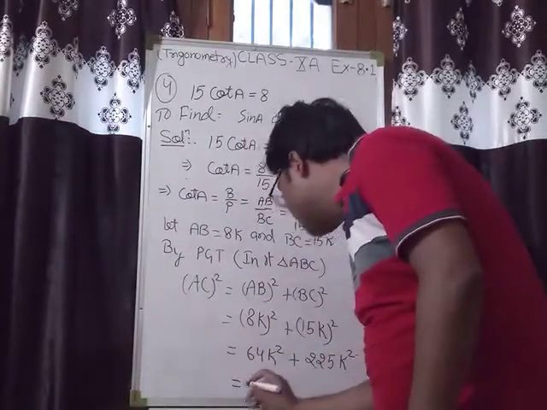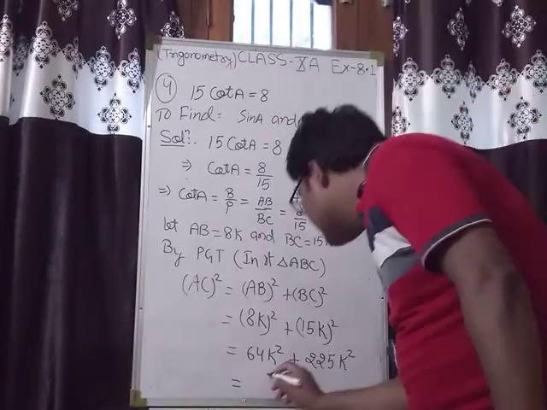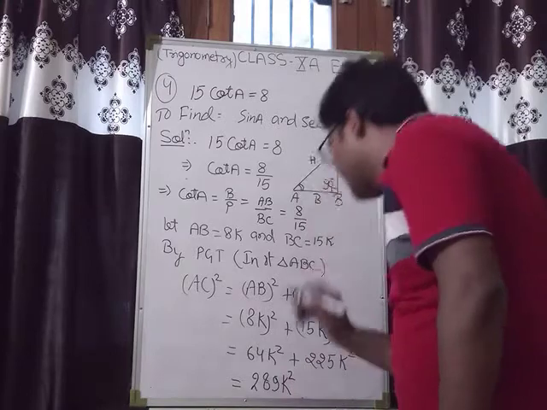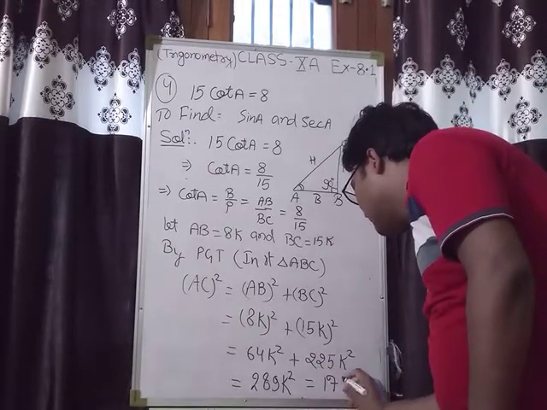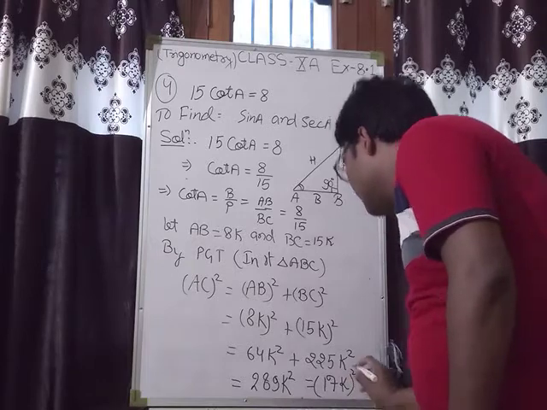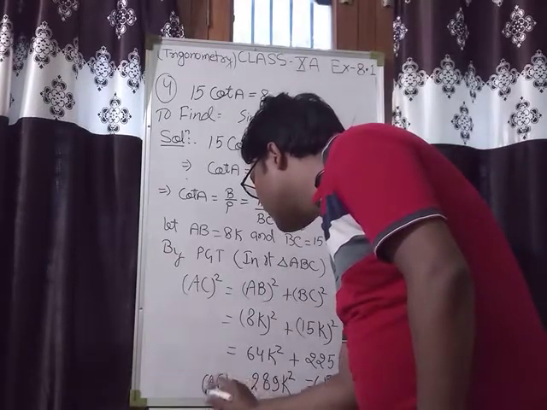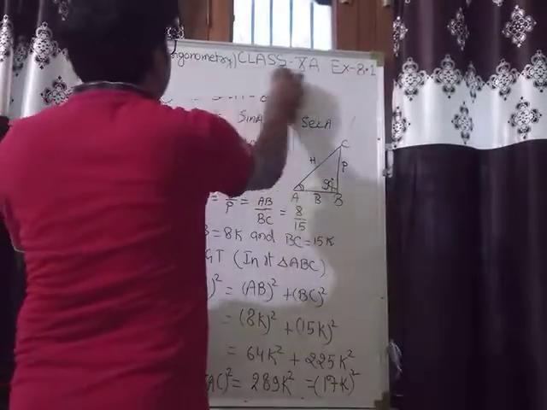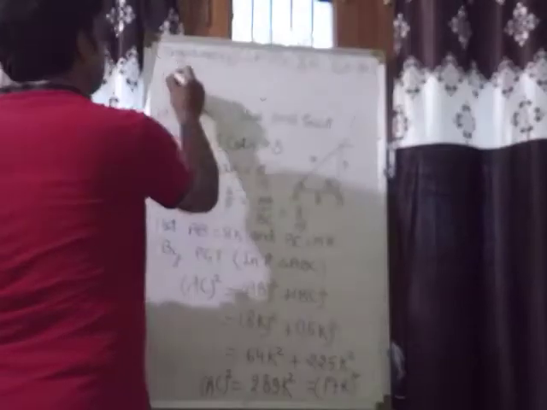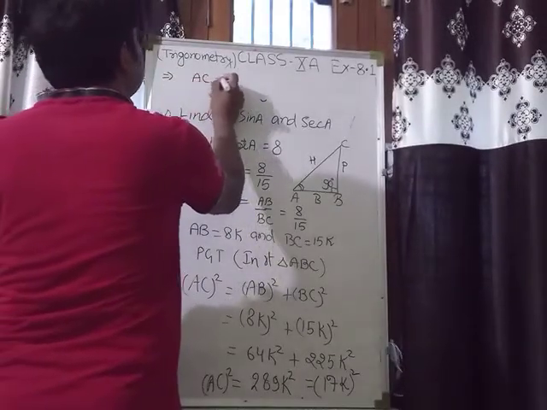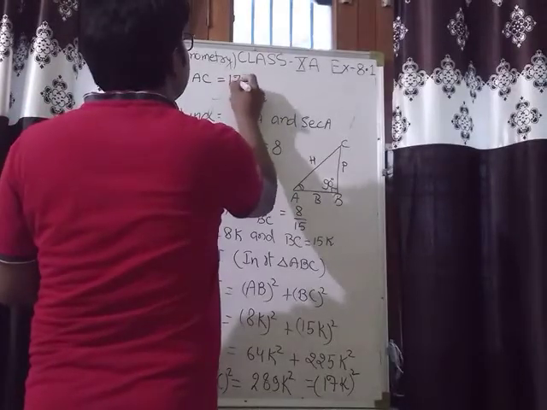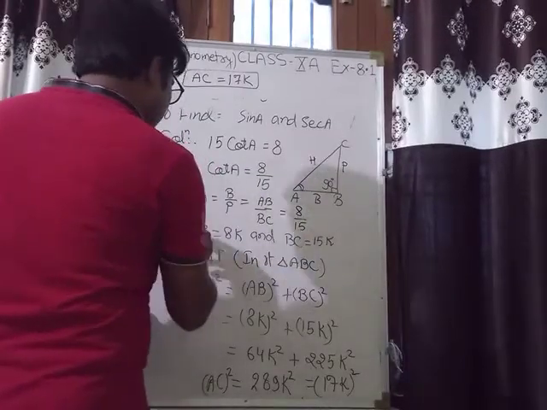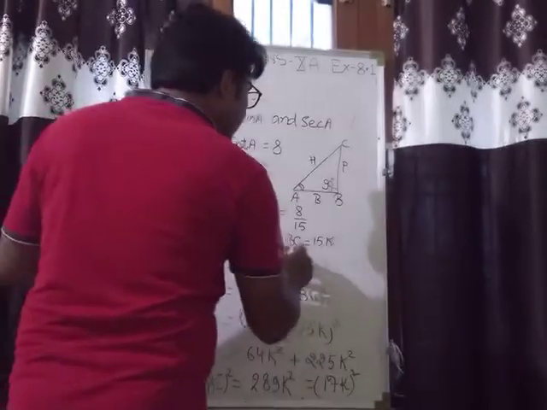That will be equal to 64 plus 225, that is 289K square. That can be written as 17K whole square. Clearly that is equal to AC square. So from here we have AC equal to 17K.